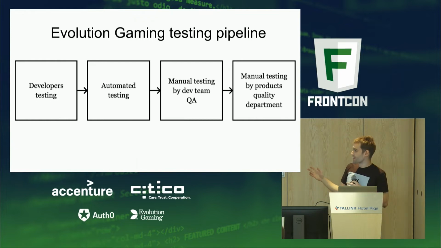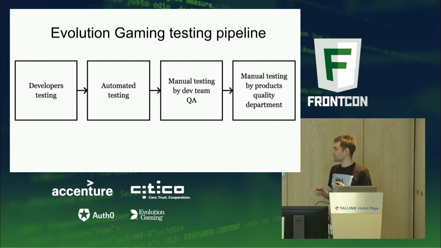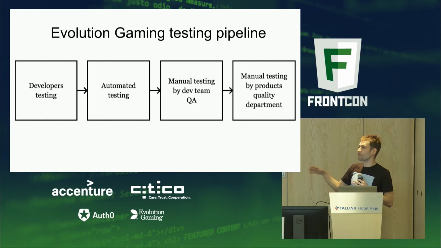It's quite a lot. Developers have unit tests, integration tests, and there is automated testing. There is manual QA in a team, and there is an additional tiger team of QAs on the product management side. And still, all this pipeline had too good hardware.